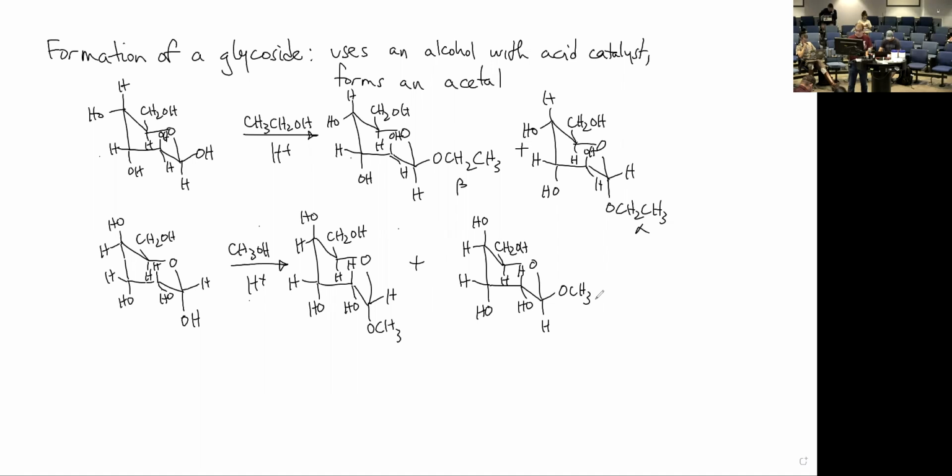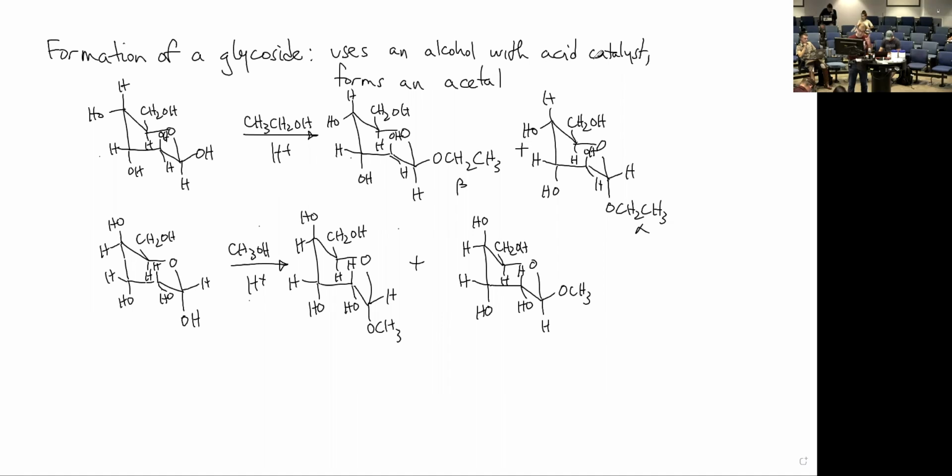But the other way you tell is by the reagents. Remember, with the exhaustive alkylation, we used an excess of an alkyl halide and generally a silver 1 salt. Here, you just use an alcohol and an acid catalyst. So there's no silver 1 salt, nothing like that. So that's how you tell the difference.